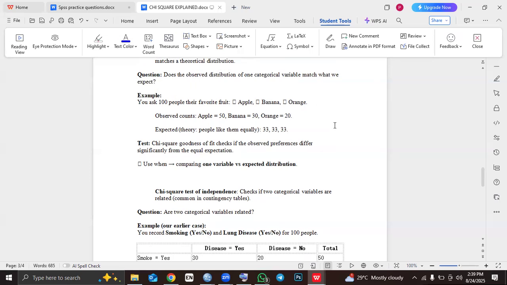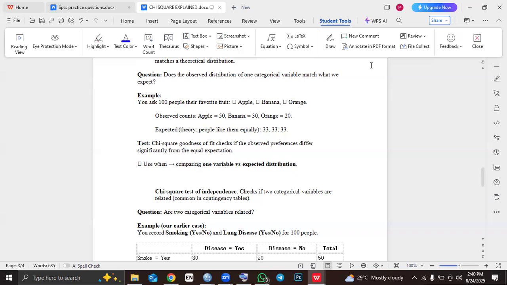Now, our theory is that all of them are going to say that they like the fruits equally. We are expecting that all the 100 people that we asked are going to like the 3 fruits equally. That is our expectation, right?